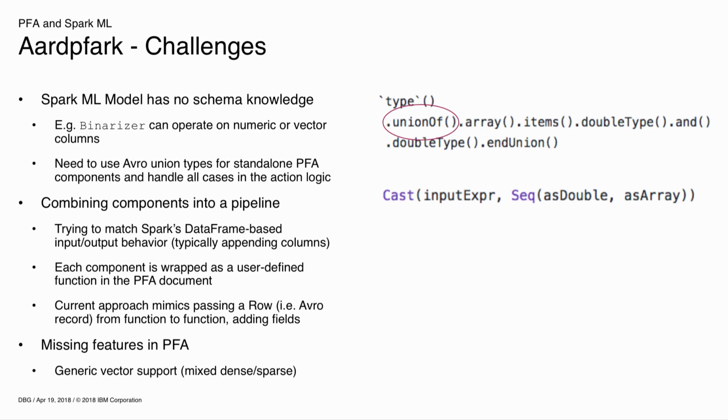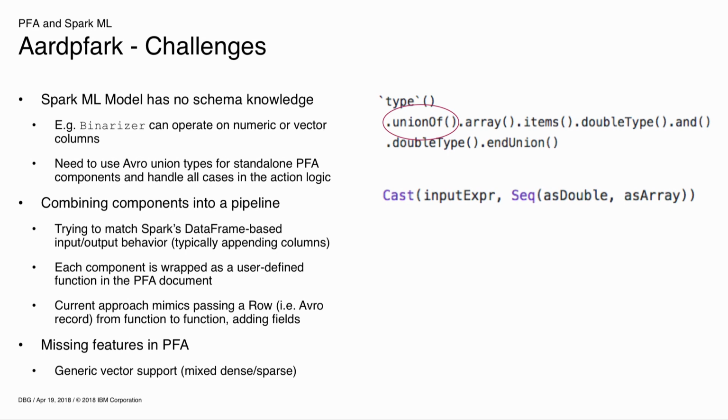One of the more important missing features in PFA is that there's no support for generic vectors, so dense or sparse generic vectors. In Spark, you can have a data frame vector column that has dense or sparse, and all the models can work on each. So at the moment, there's not much of a workaround. We're just working on dense vectors just to get things out the door.